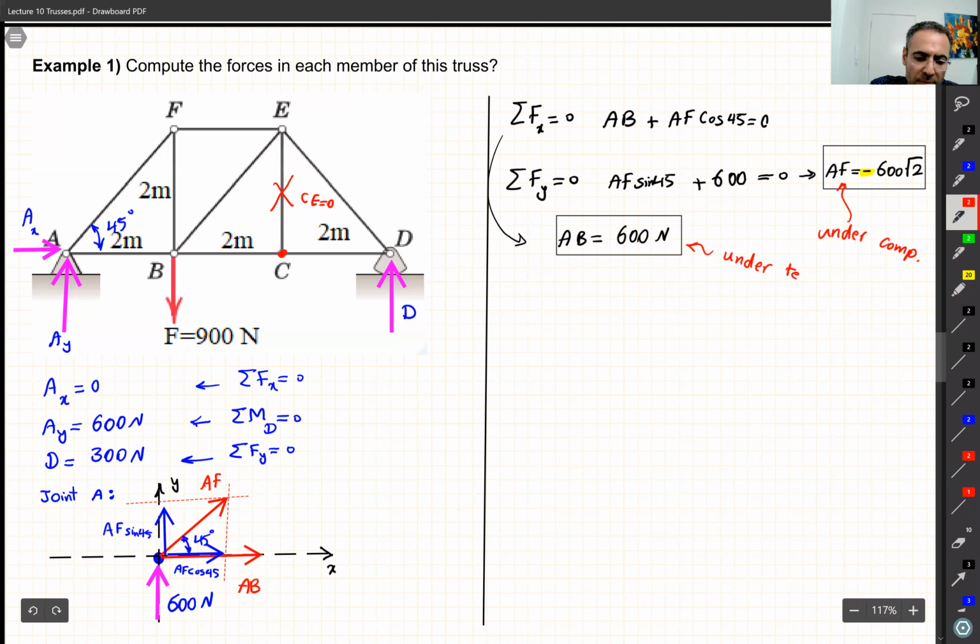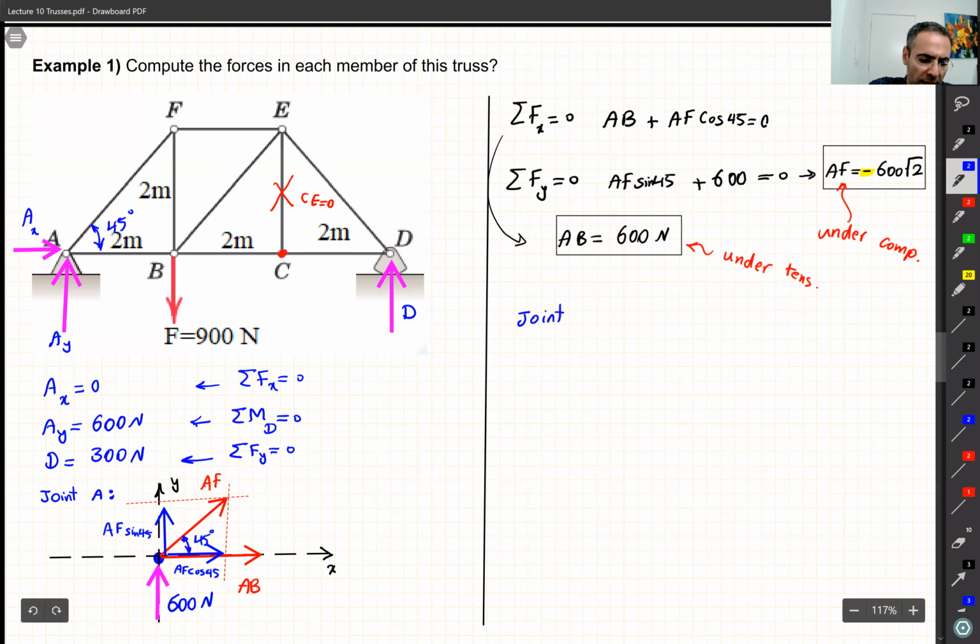But in your exam or in your assignment, you don't need to write the positive and negative sign. Implies that if they are under tension or compression. You don't need to change anything. You just leave it as it is, and that's it. So that's joint A. Let me solve another joint, and then we'll see if you guys have any questions.